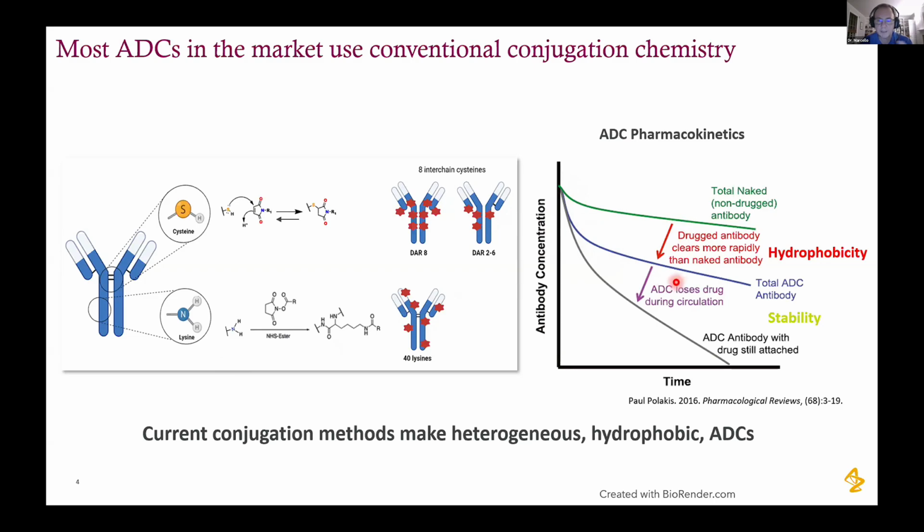If you consider then that the payloads might fall off the antibody as they circulate, we see even further decrease in the available antibody or ADC that is available to reach the tumors. And so by decreasing the effective numbers of ADCs in circulation, we also impact their overall efficacy.